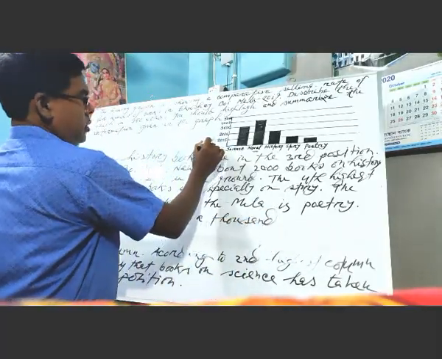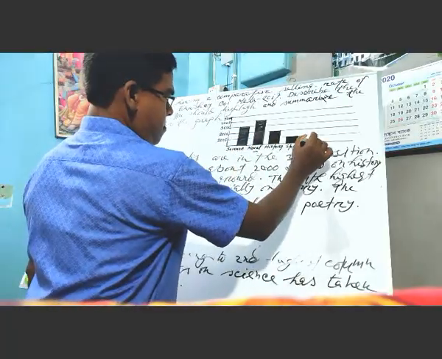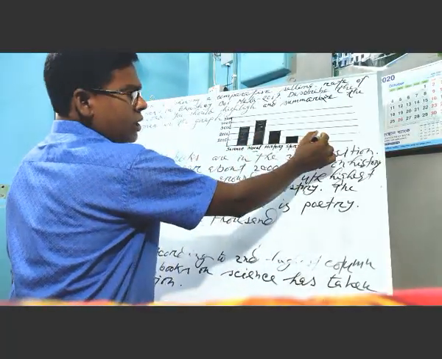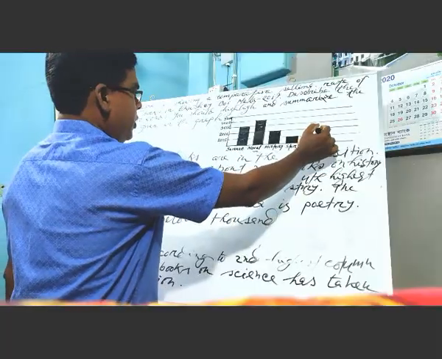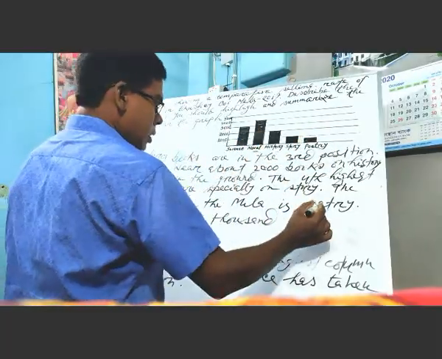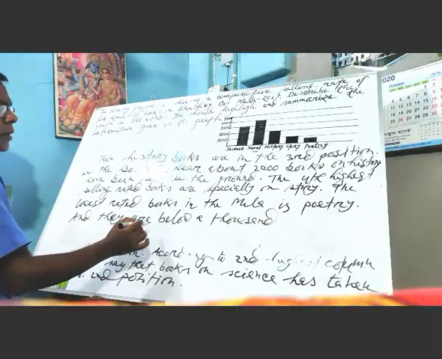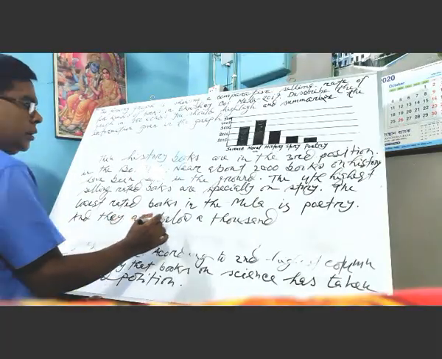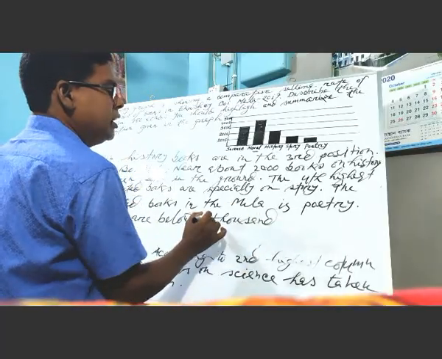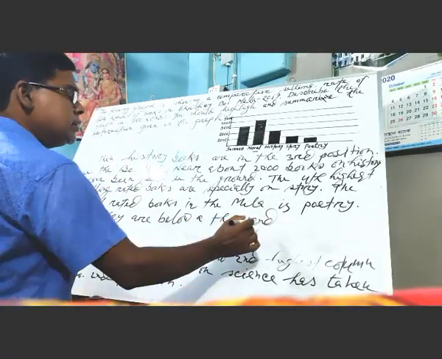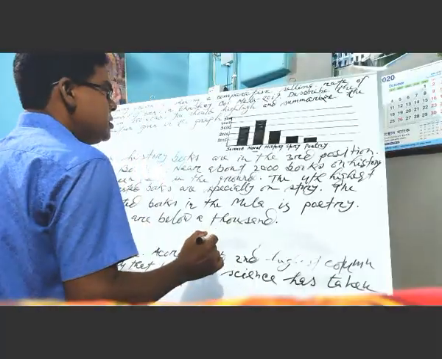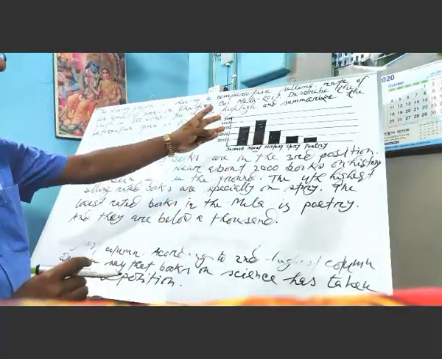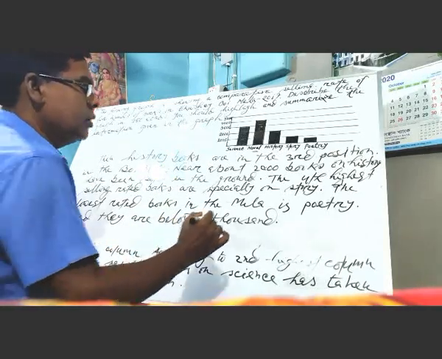Look here, this is a figure of 1000, but it is looking the column below the position of 1000. So I have written here, and they are below 1000. That means the books on poetry. Understand? So these are all about the information or data in the graph.